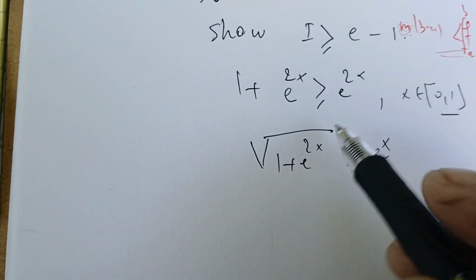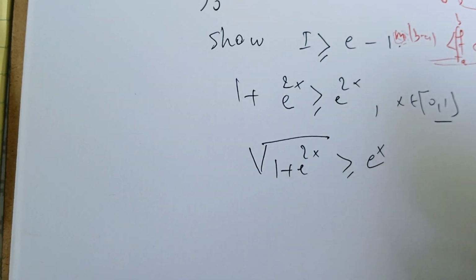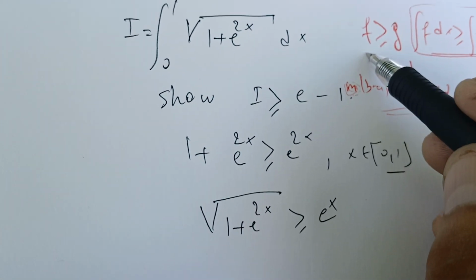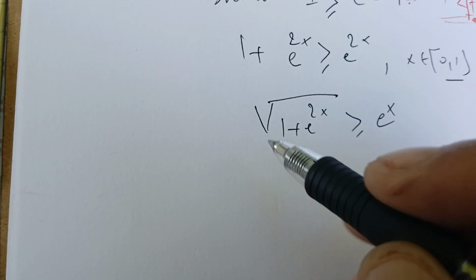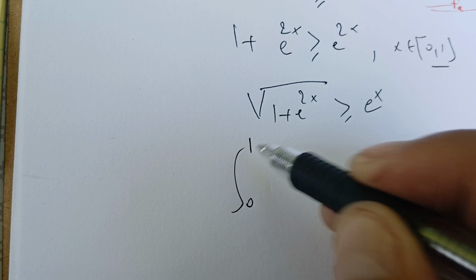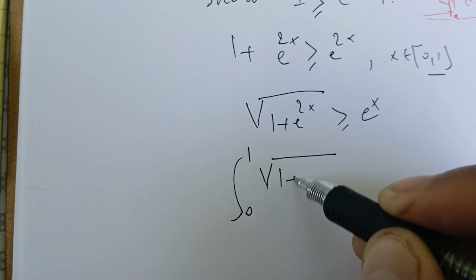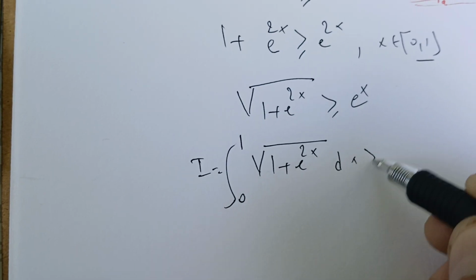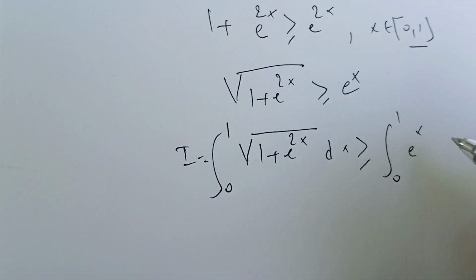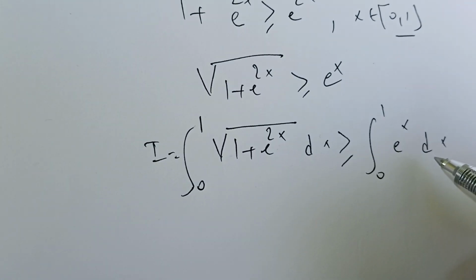And I see now that we can integrate. If I do integrate, I'm using this fact here. Okay, let's do that. So integrating, we get the integral between 0 and 1 of the square root of 1 plus e to the power 2x dx, which is my I, is bigger than the integral of e to the power x dx.